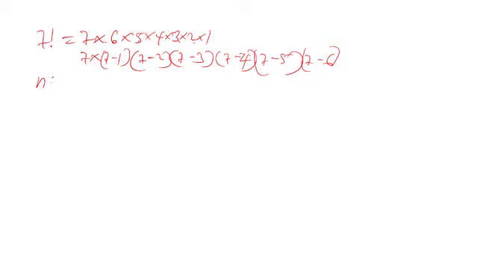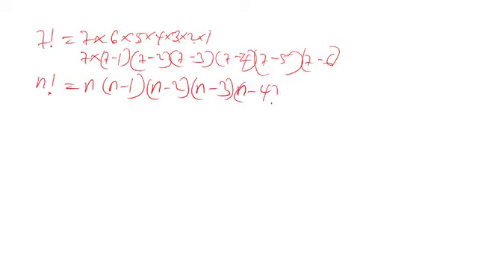So when you have n factorial, it will be n, then the next one will be n minus 1, then n minus 2, n minus 3, n minus 4, n minus 5, continuing to 1.